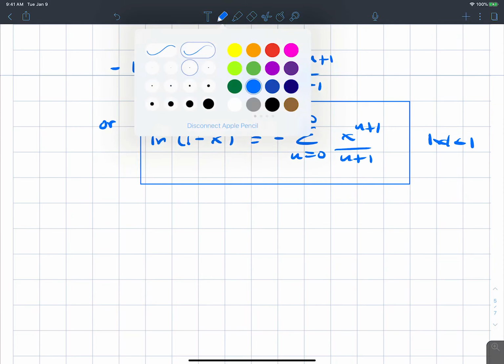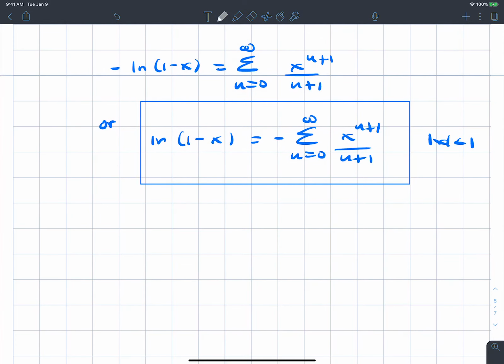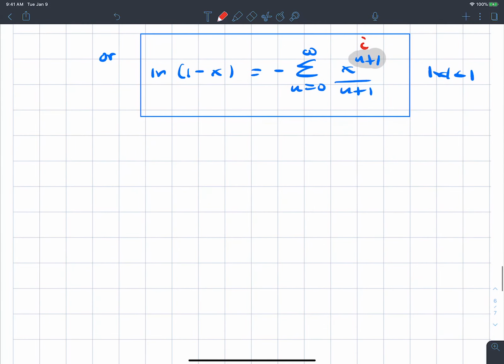Now, we can change the index again. I'm going to highlight this and let this be i. So if I let i now be n plus 1, this series is now x to the i over i, and if n is 0, i starts at 1 now.